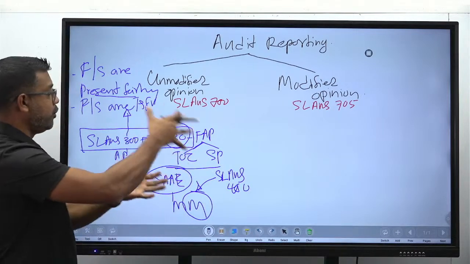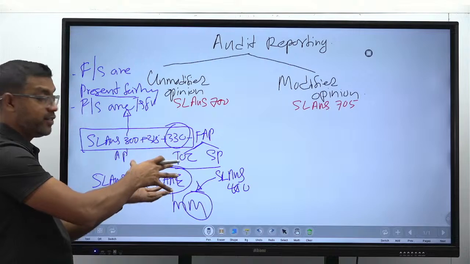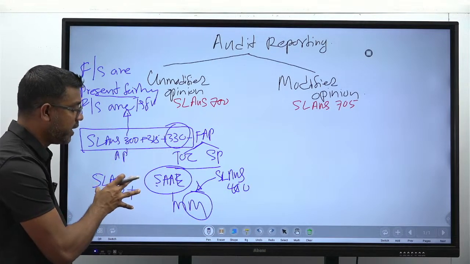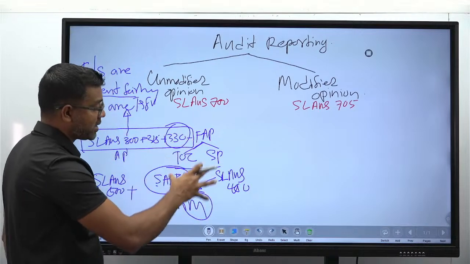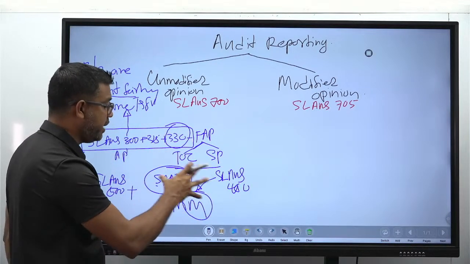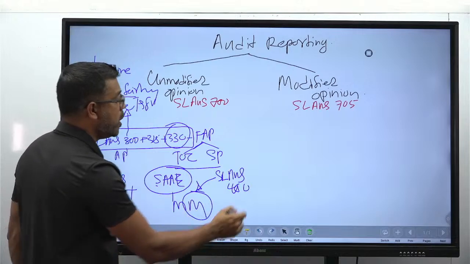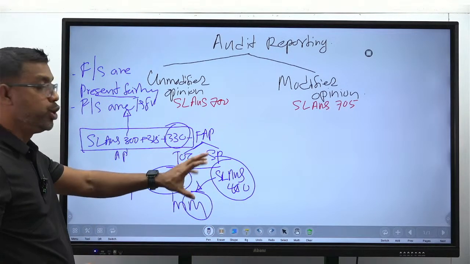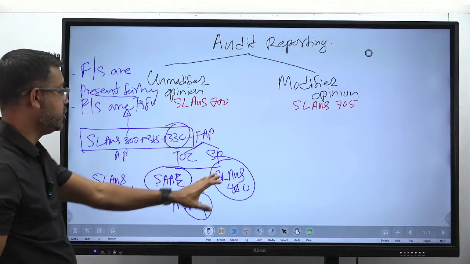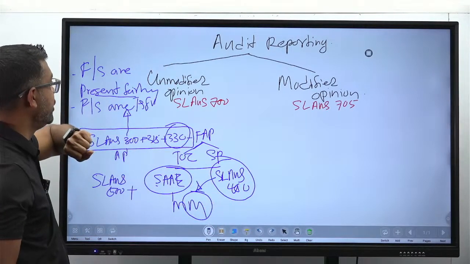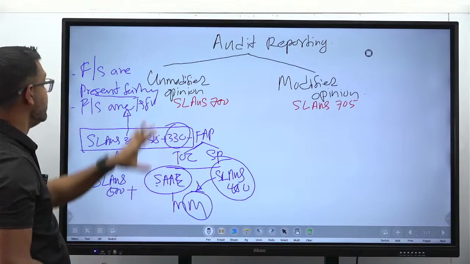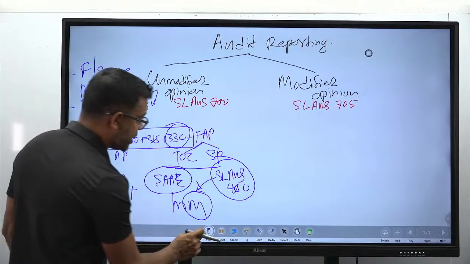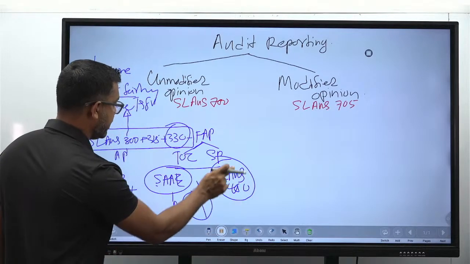Then when you perform audit procedures, you gather sufficient appropriate audit evidence, relating to the SLAUS 500 series. Then as an outcome, you will identify some misstatements. You have to evaluate those misstatements, and the guideline is given in SLAUS 450. Then you decide whether financial statements are materially misstated or not. Then only you can say financial statements are presented fairly.